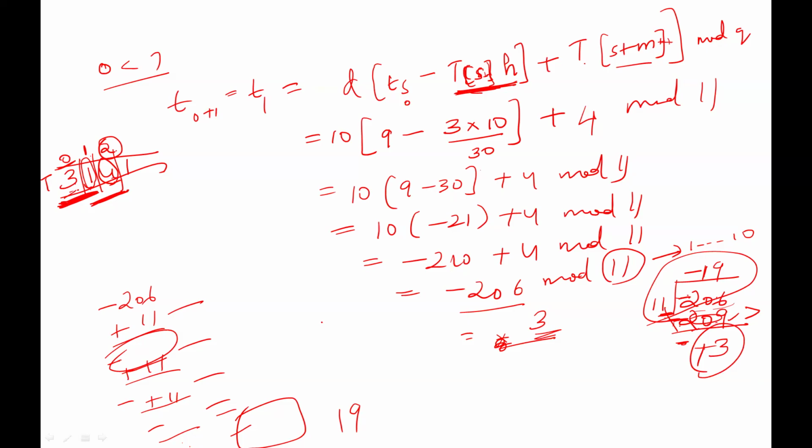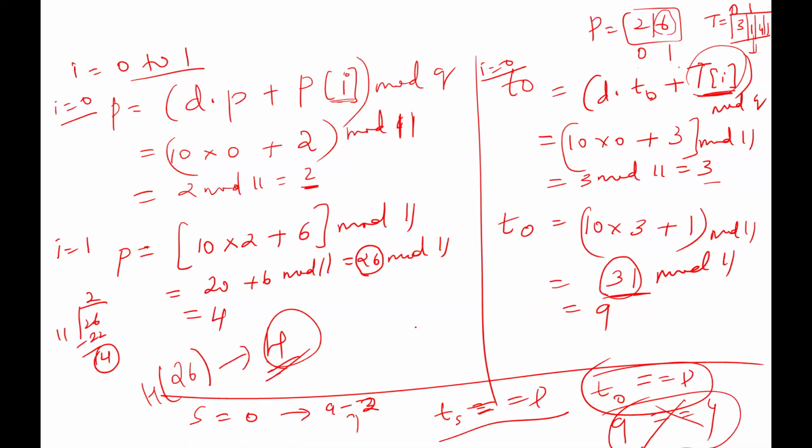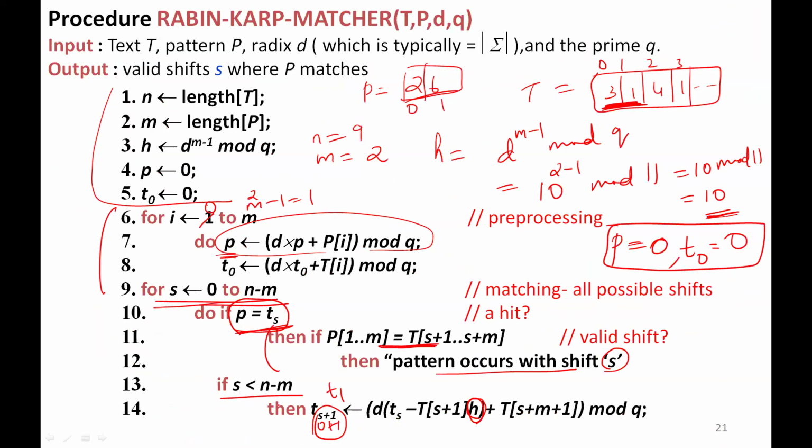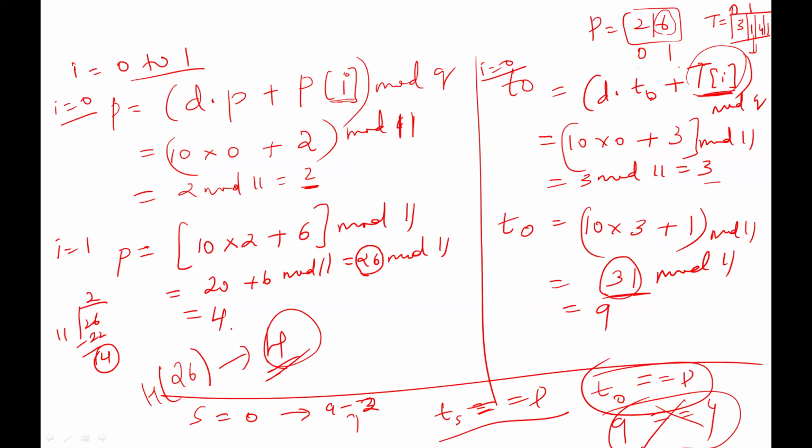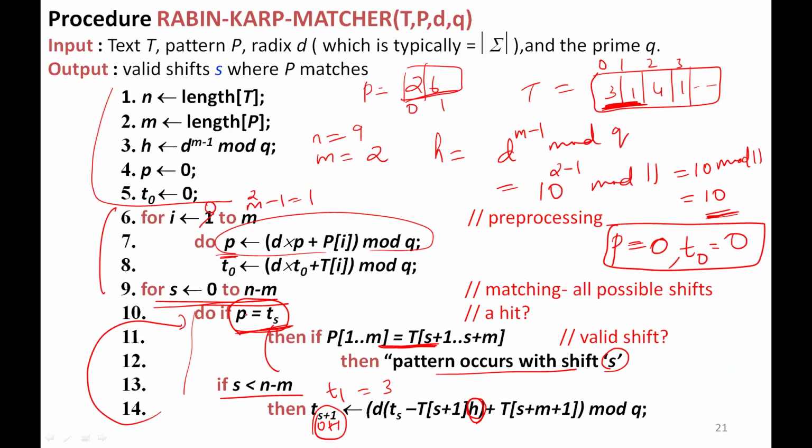Now, once you find out this, what is the next step? Okay, you found out the value for T1. T1 is equal to 3. Now, is the loop over? No. The loop is not over. You can see it is a while. So you come back here and you check whether P is equal to T of S, the new value of S. Now, what was the previous P value we got?